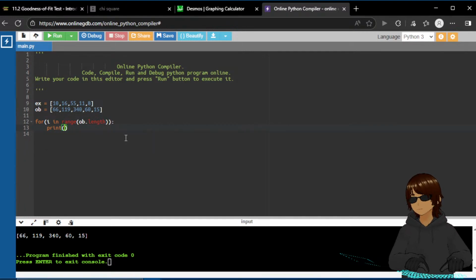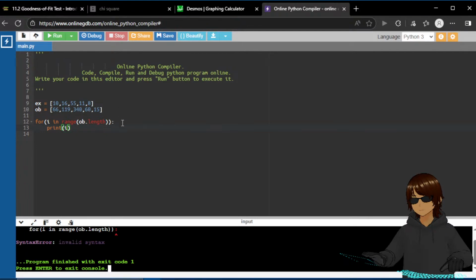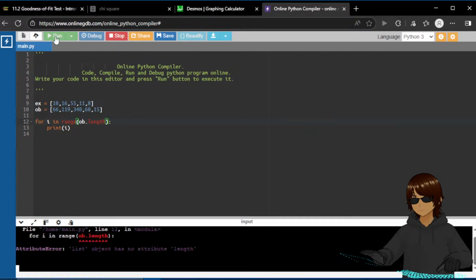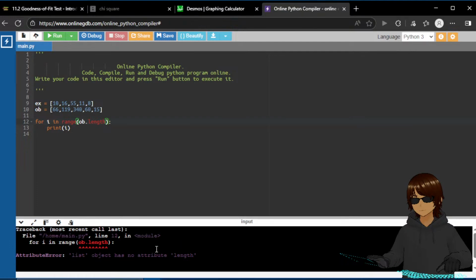I will print I. I think it's length, right?